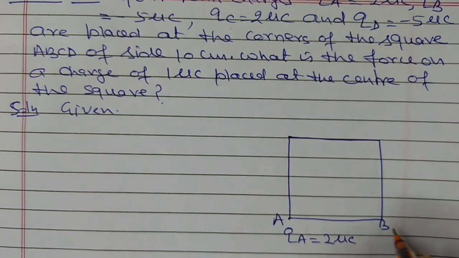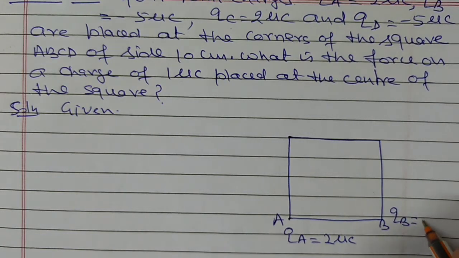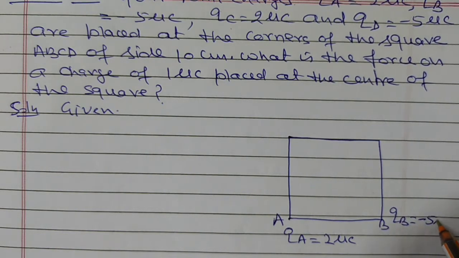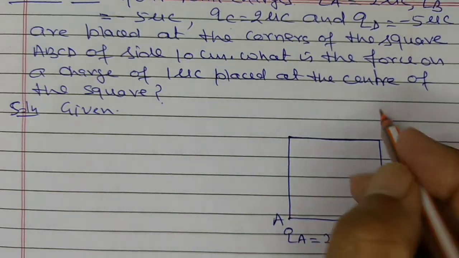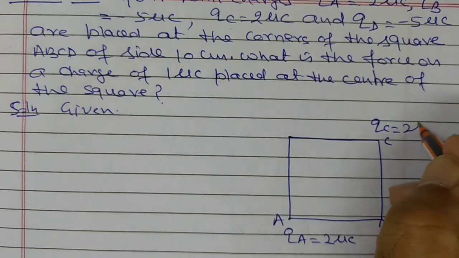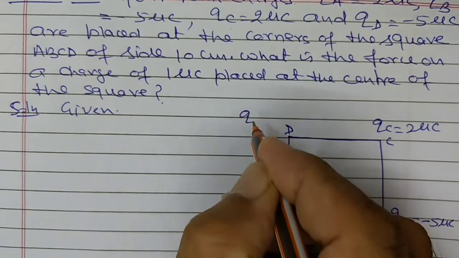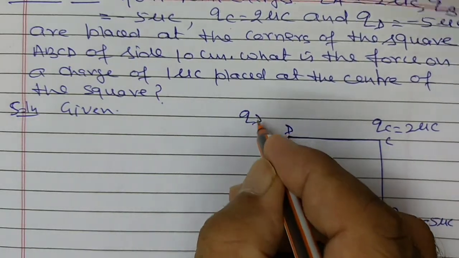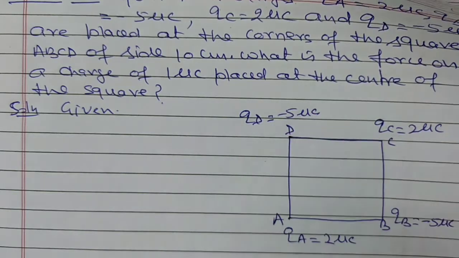Here this point B, and the value of charge QB is equal to minus 5 microcoulomb. Here point C, and the charge QC is equal to 2 microcoulomb. Here this D, and the charge on it is QD equal to minus 5 microcoulomb.